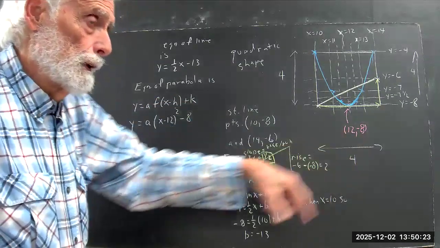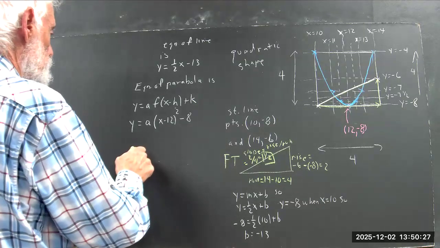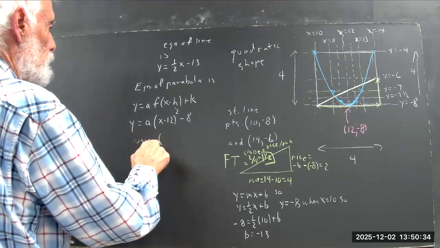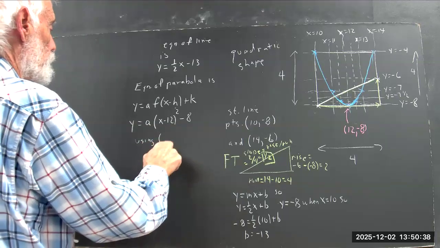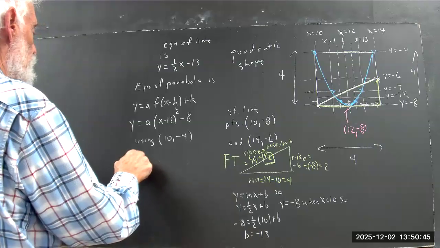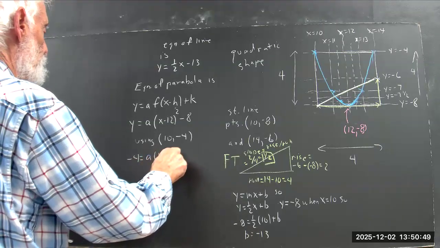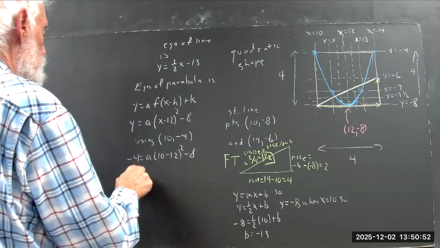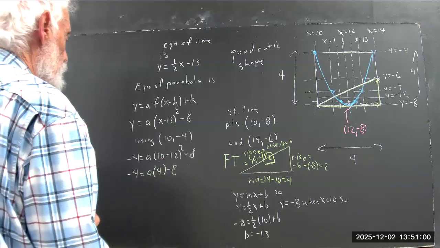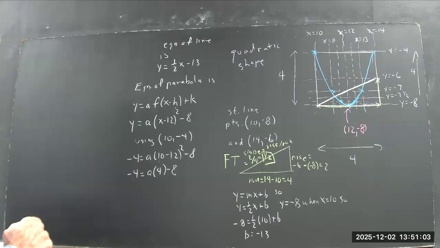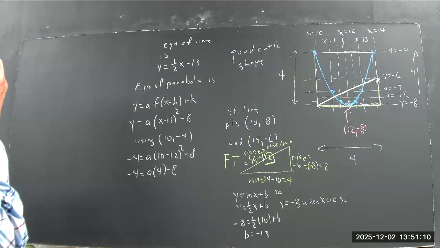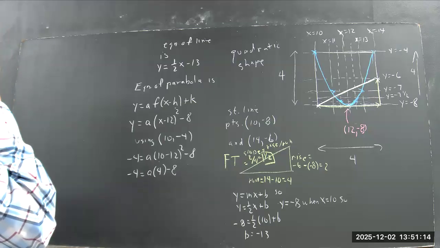h and k are 12 and -8. Using the point. Yeah, something's wrong here.